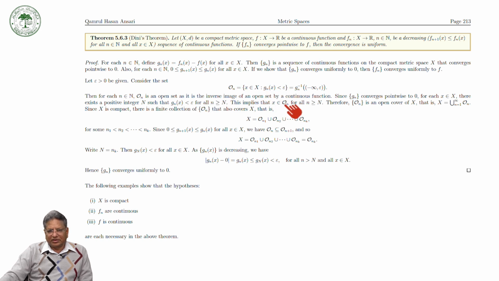So x belongs to On for all n greater than N. Hence the On form an open cover of X.